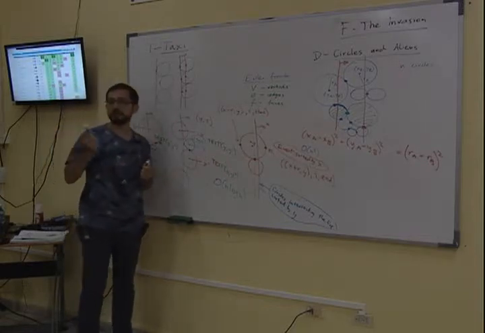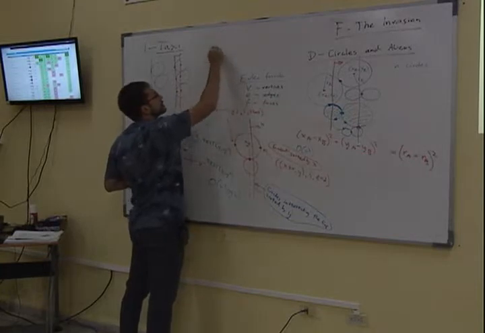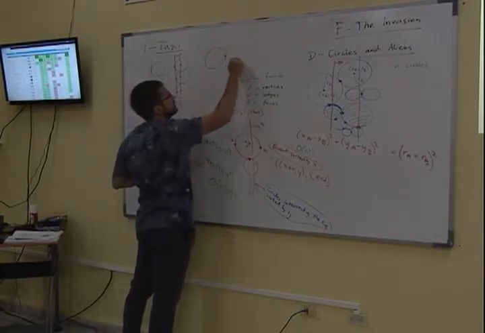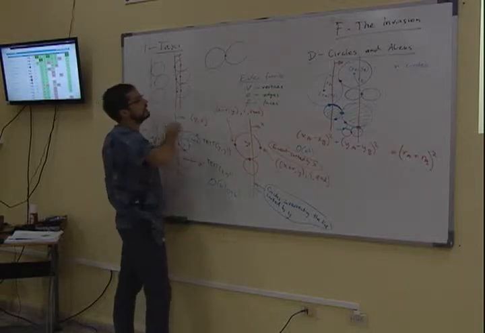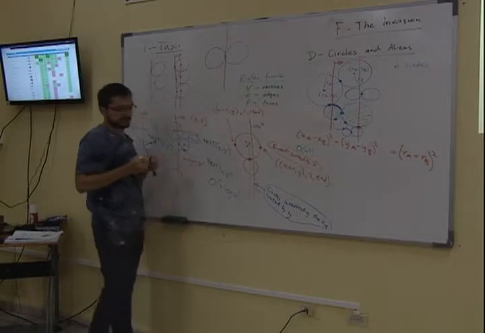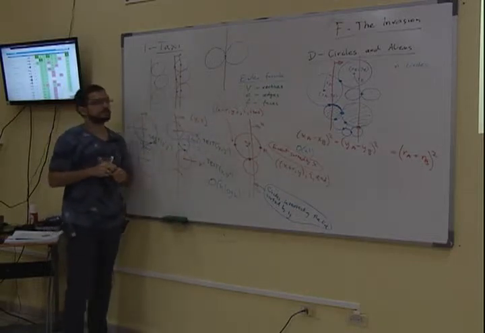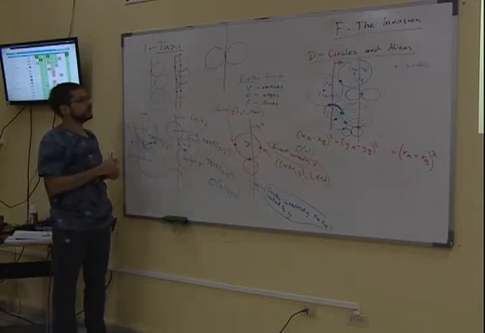One case we have missed is that these two circles might have the same y coordinate, and then they will intersect here, so they will be touching this line.